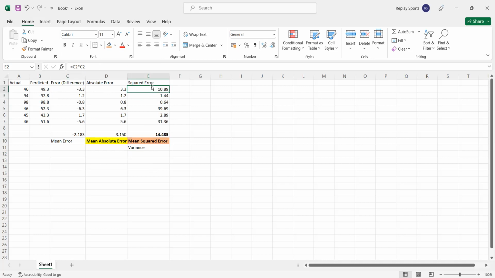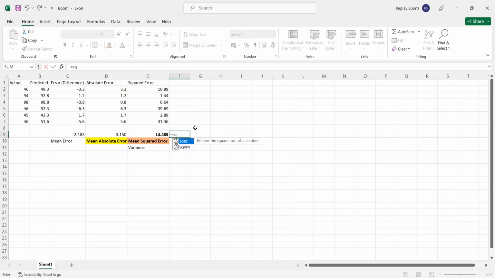That's not right. We have to bring it down to the same level. Since we have done square here, we will do the square root of this value, SQRT.